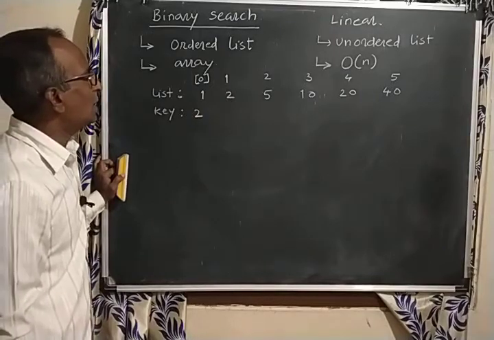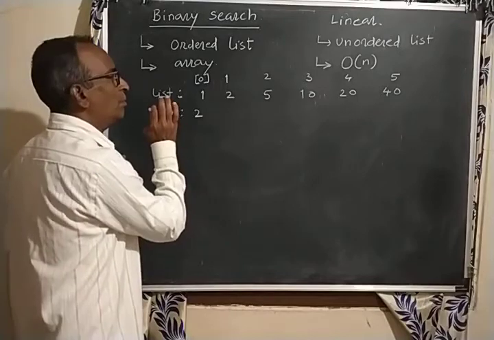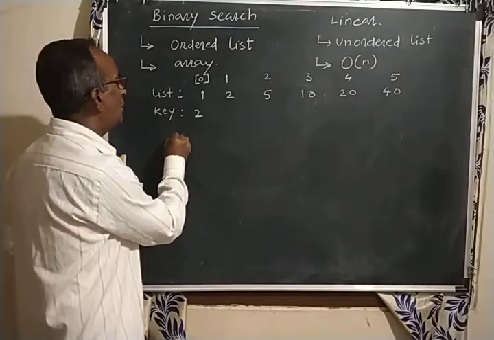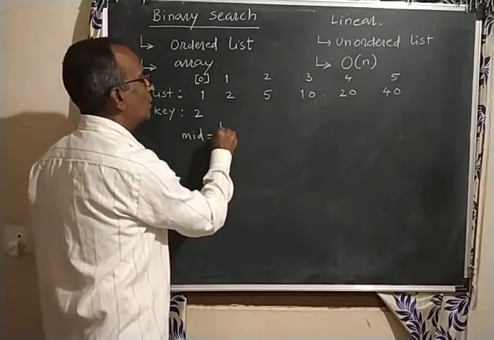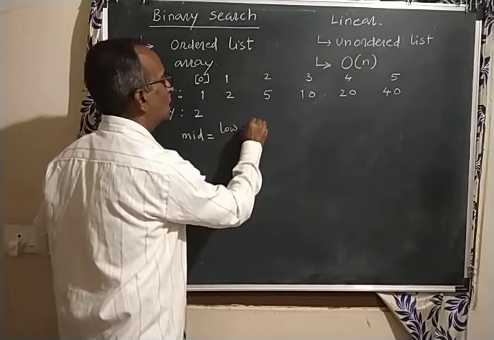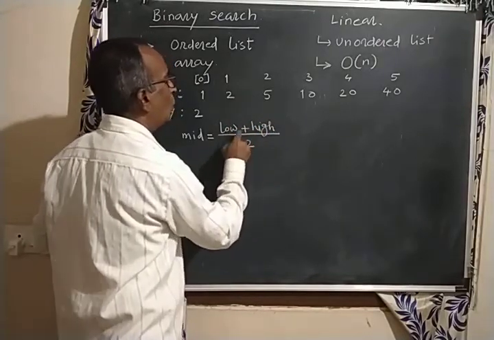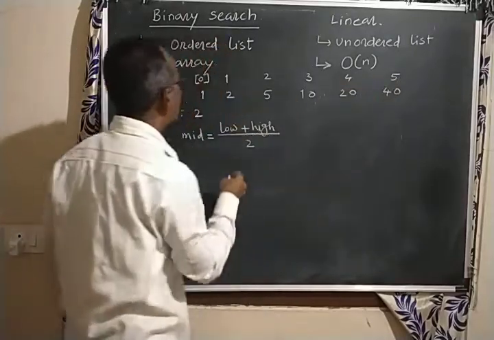What happens exactly here is we calculate the middle element. How to calculate the middle element? Mid is calculated by low plus high by 2. Low and high are the lower index and higher index.